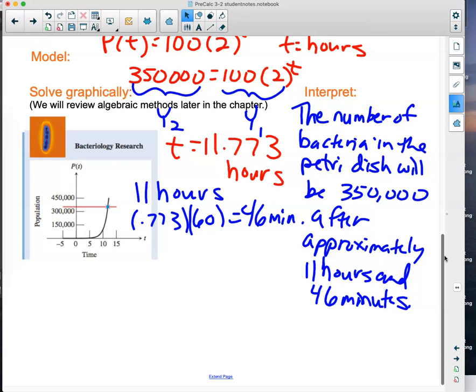Now, to myself, I'm thinking, this would have been so much faster to do algebraically just by finding the logarithms and all of that. But like I said, the book wants us to hold off a little bit with doing too much with logarithms and just get used to figuring out the window, which is also a really good skill on our graphing calculator.